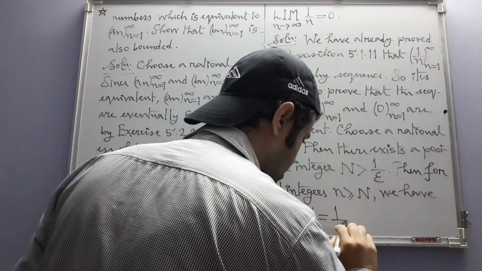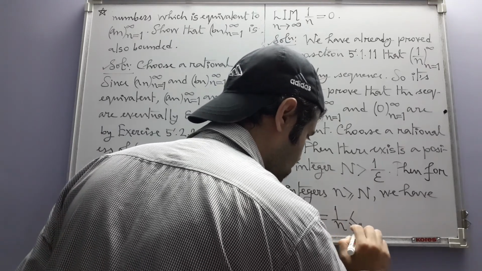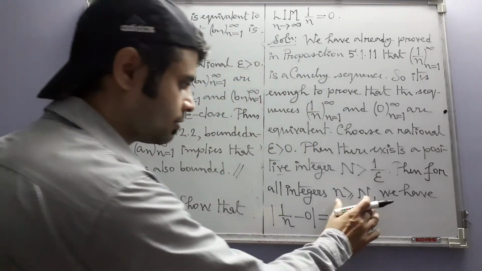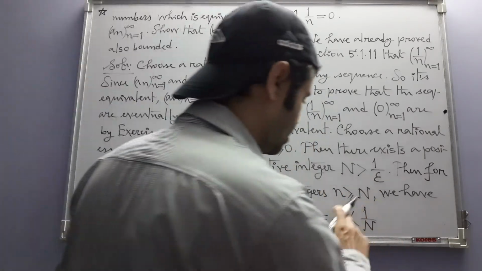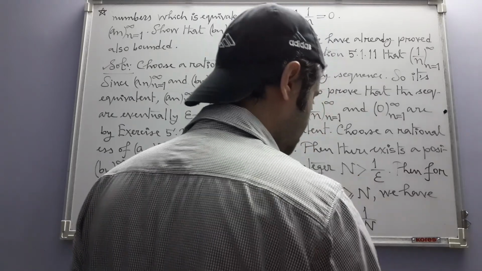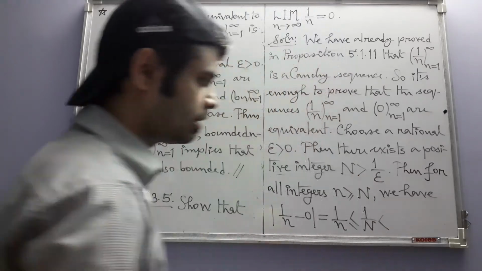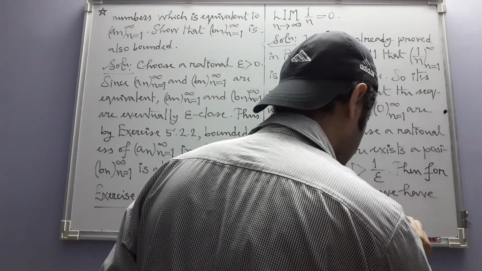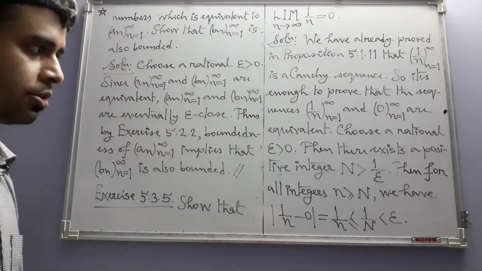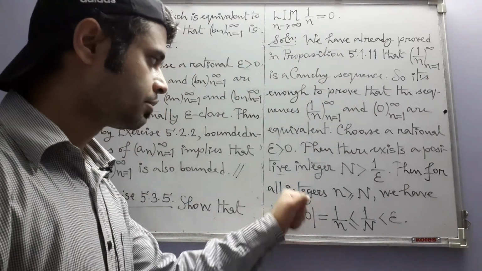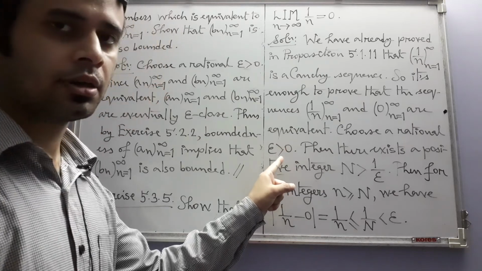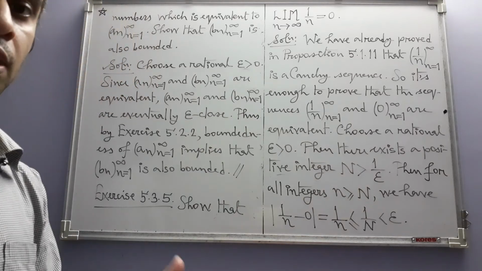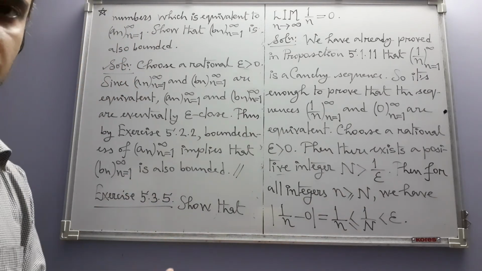This is 1 over n. This becomes less than or equal to 1 over capital N. You take reciprocals on both sides and the inequality is reversed. The same thing happens here. Since capital N is greater than 1 over epsilon, 1 over N will be less than epsilon. So you see that we have proved that for any positive rational epsilon, the sequence 1 over n and 0 are eventually epsilon close. So that means they are equivalent.